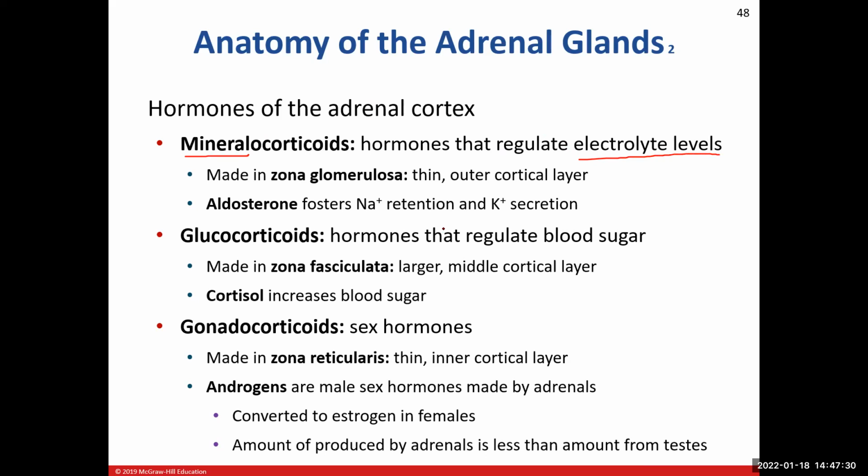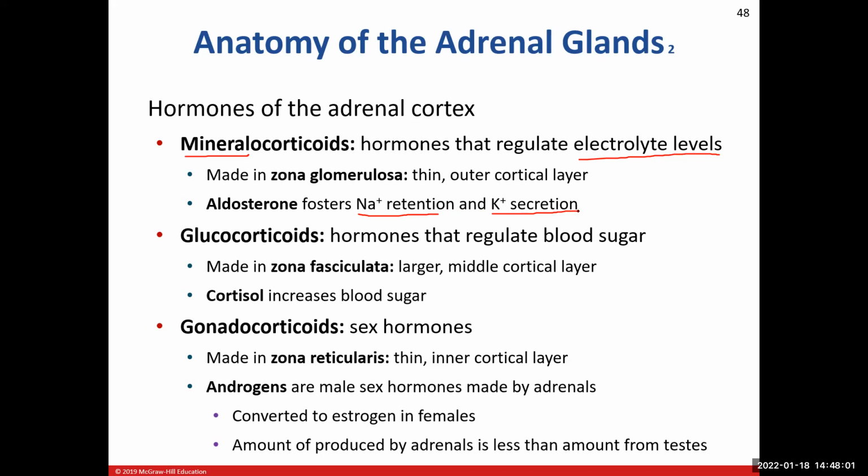So aldosterone, and we'll get into more detail when we get into renal physiology, is basically going to retain sodium and get rid of potassium. That's important when you are dehydrated, because if you retain sodium, water follows sodium.